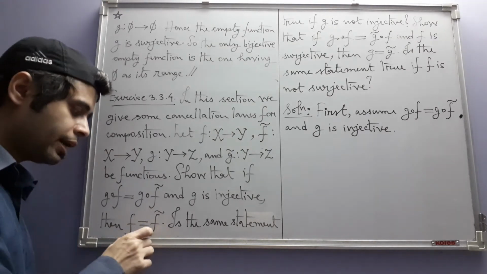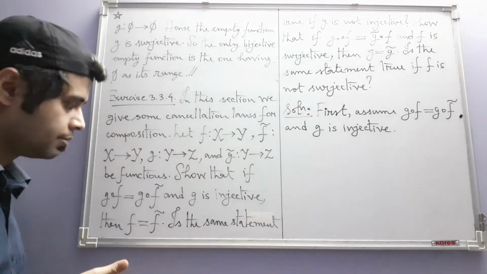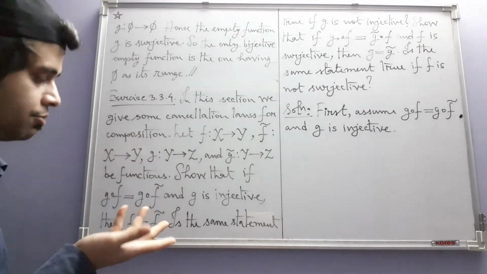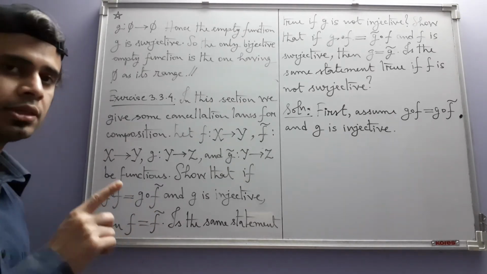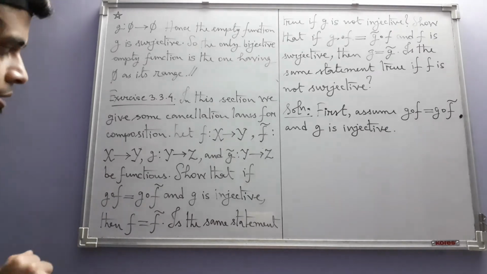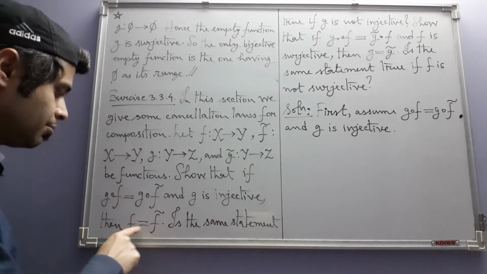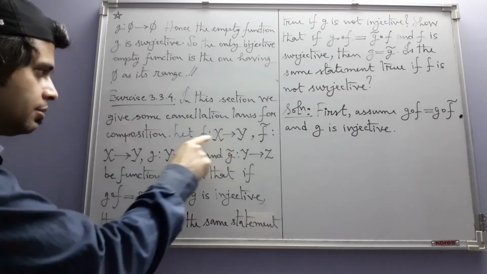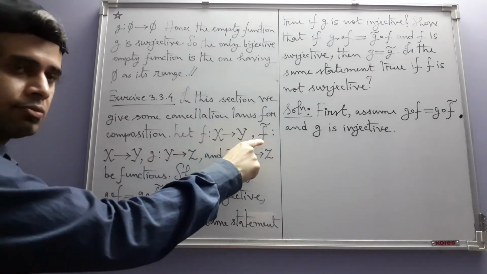So to prove that two functions are equal according to definition 337 of equality of two functions, first of all, both the functions should have the same domain and same range. Now if you look at the domain and range of both these functions, the domains are equal, X, for both f and f tilde.